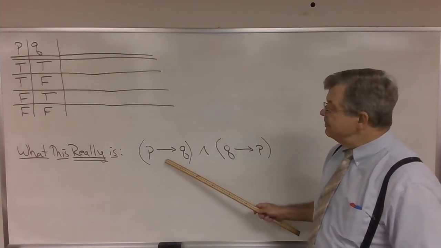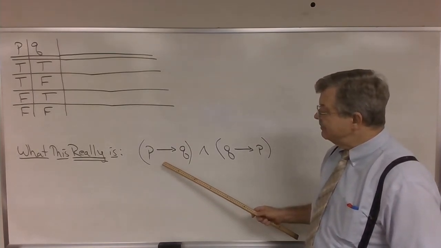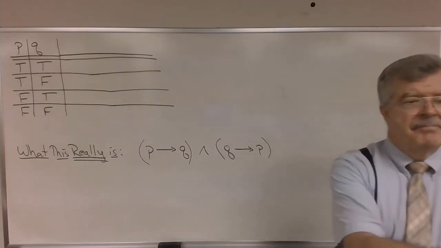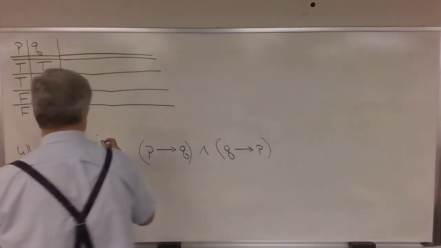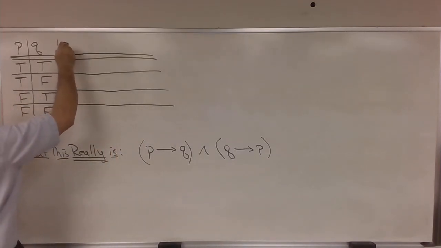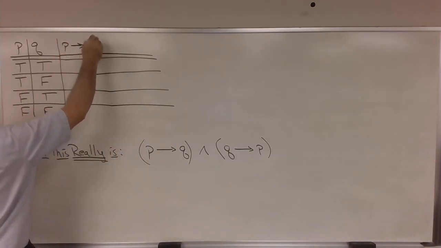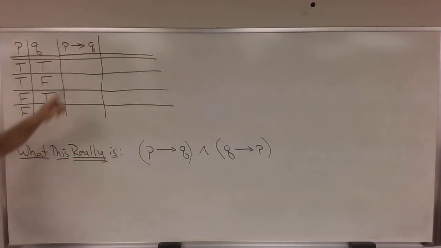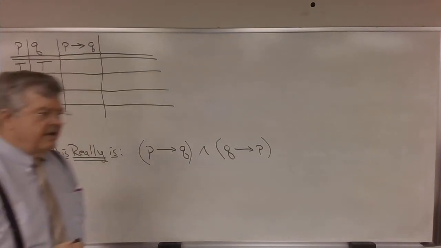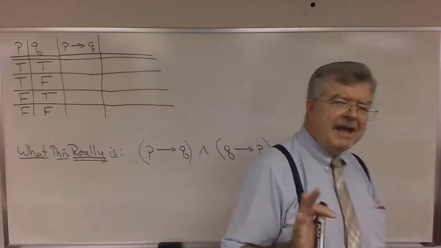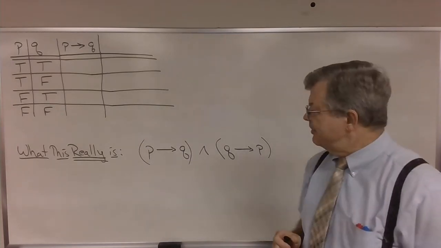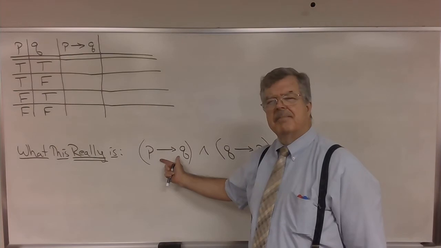So we'll get the truth values for this compound statement first, if P then Q. So this is a conditional statement. And in order to keep this exercise from becoming an overwhelming task, I'm going to think about conditional statements.